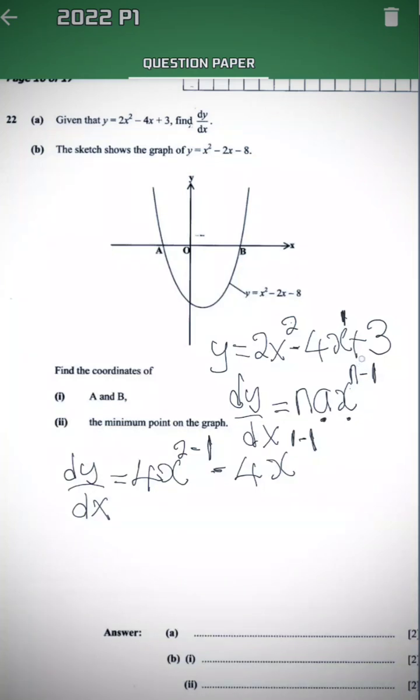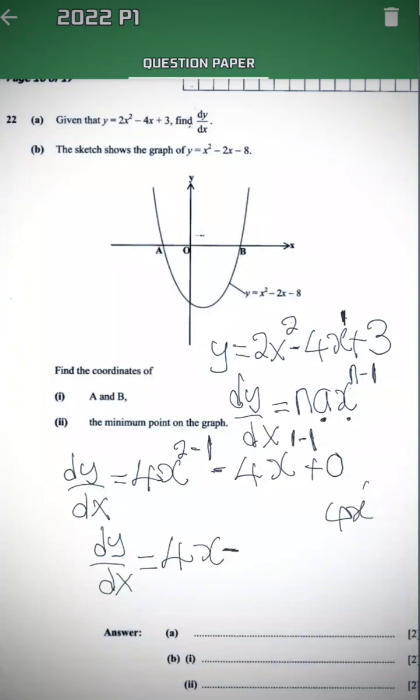Then under calculus, when you are told to differentiate, we don't differentiate a constant number, so it is equal to 0, because we don't differentiate constant numbers. After you do this, you just say dy/dx is equal to 4x minus 4x to the power 0.